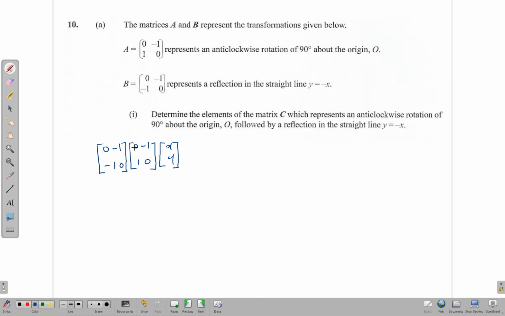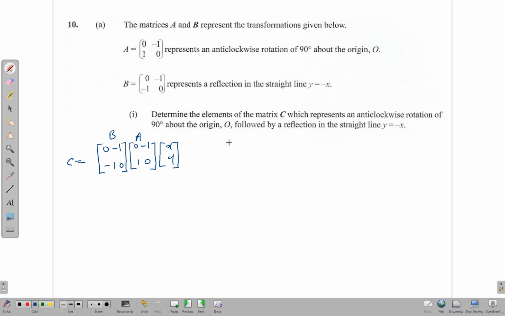Now this is the matrix product BA, and students often make the mistake, because it says we are supposed to find the rotation followed by the reflection, of writing it in the order AB, and not in the opposite way. So having written it out this way, you can see that we are supposed to do BA instead of AB. Now the matrix C that we need is equal to BA. So we need to find that product BA.